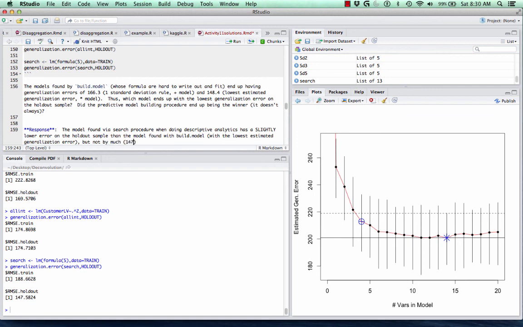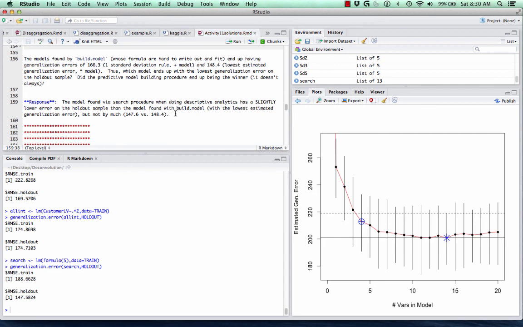So 147.6 versus 148.4 here. So the predictive model building procedure did not end up being the winner, but it's a very, very close second place. And who knows, with a different set of holdout data, that predictive model might have done even a little bit better than the one that we found during the descriptive search.